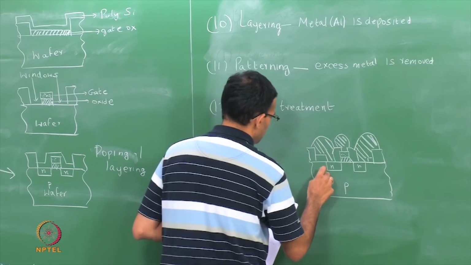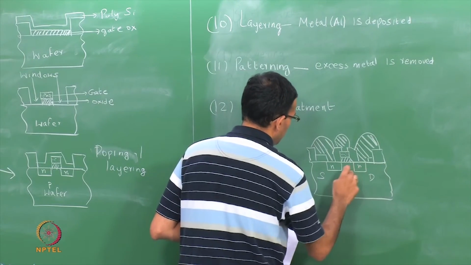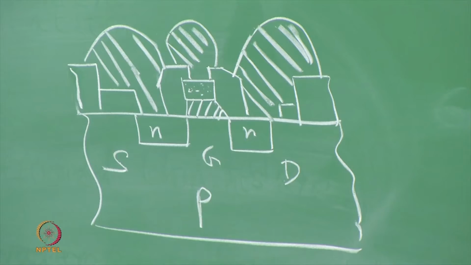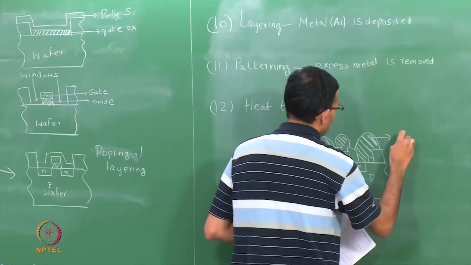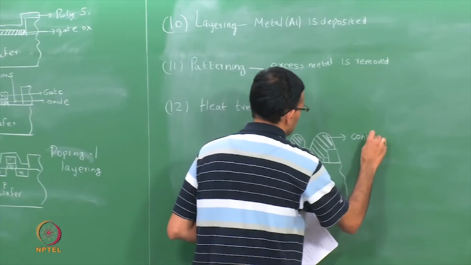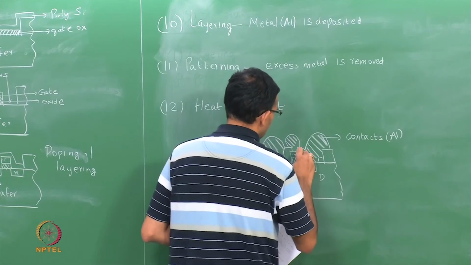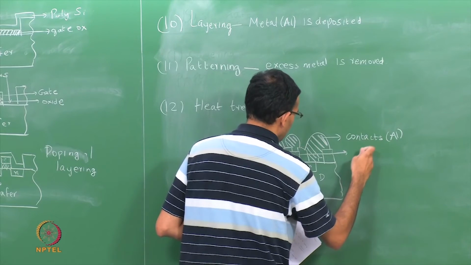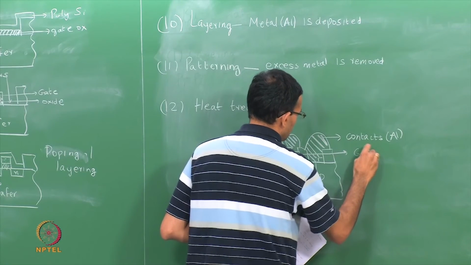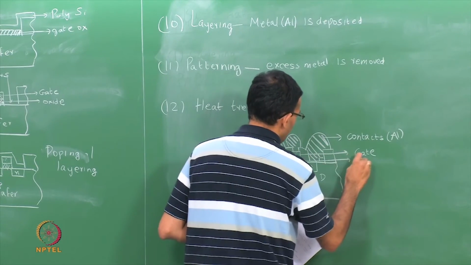So, this is your source, that is the drain, that is the gate. These are the contacts. So, typically aluminum, this is the polysilicon gate, that is the gate oxide.